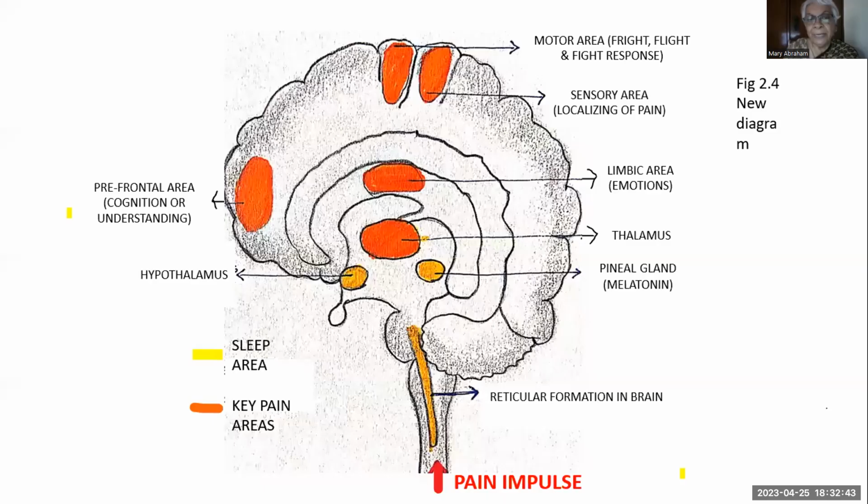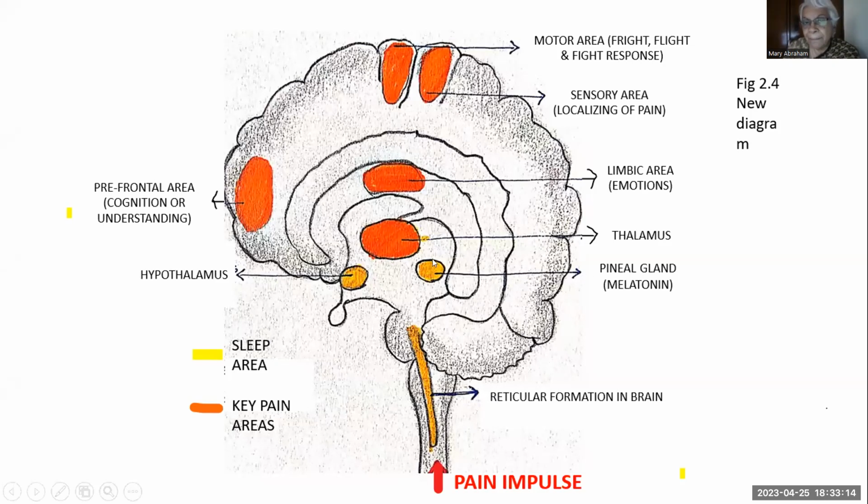Not so simple. There are multiple areas of the brain where pain can go. See, the pain is starting from here, but it goes not only to the sensory area, but also to the motor area, because the withdrawal happens sometimes when there's pain. It goes to the limbic area, which is the amygdala and hippocampus, causing all the emotions of pain. It goes to the prefrontal area, which is actually understanding that pain and the thought processes behind the pain.